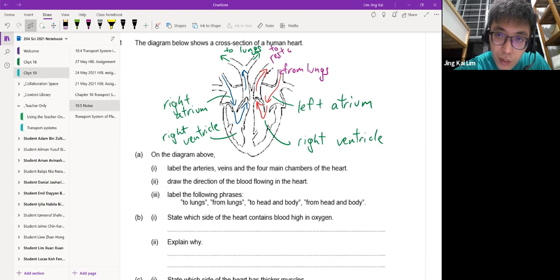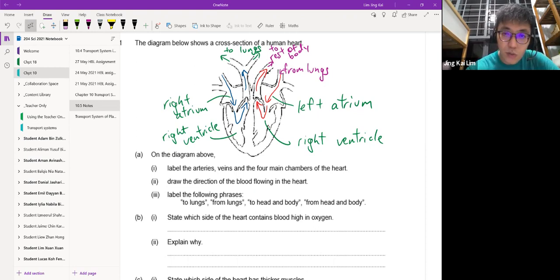Why is it this way? Well, think about it this way. Your body needs the oxygenated blood, so the oxygenated blood must come from somewhere. And in our body's case, it definitely comes from the lungs.